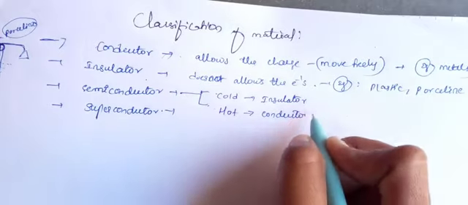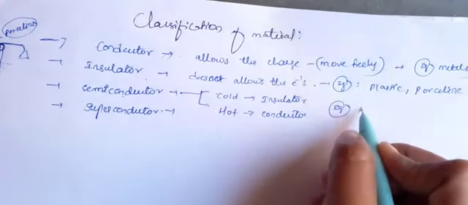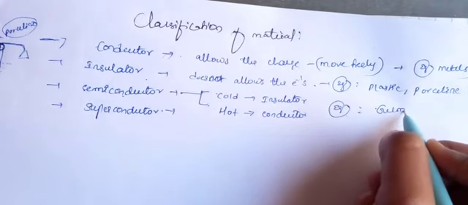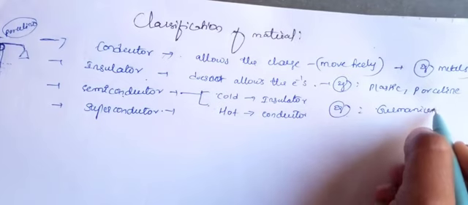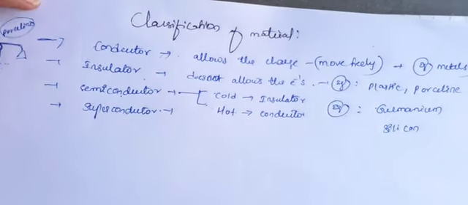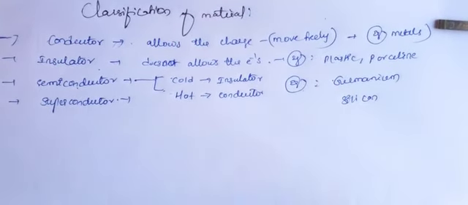These are known to be semiconductors. The main examples for semiconductors are germanium and silicon.